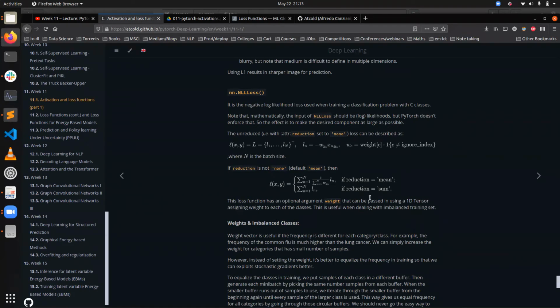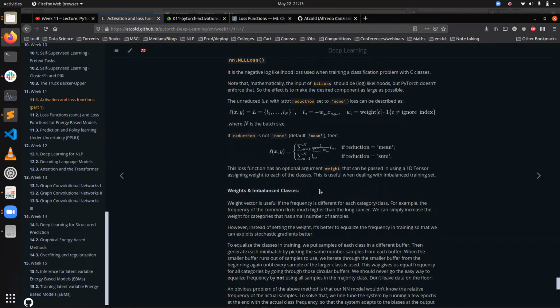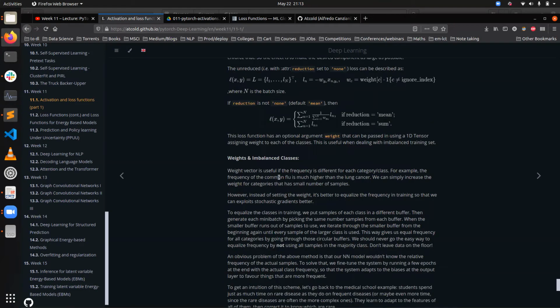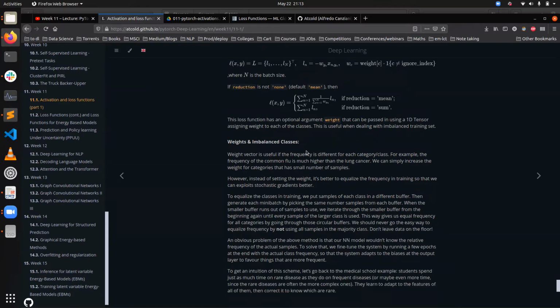And then you can have weights when you have an imbalanced data set, when the frequency of a few classes is much higher than the frequency of other classes. And so Jan had a lot to say in this particular section. What he says is, he does not think that using weights is a very great idea. It's better to equalize the frequency in training, and this can exploit stochastic gradients better.